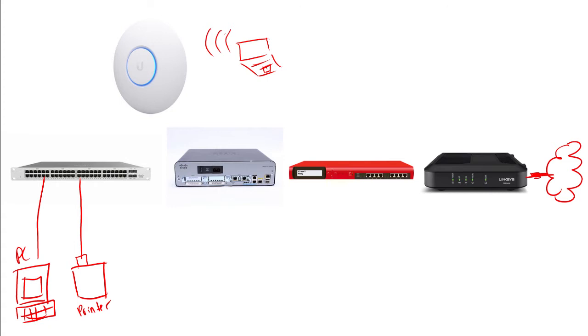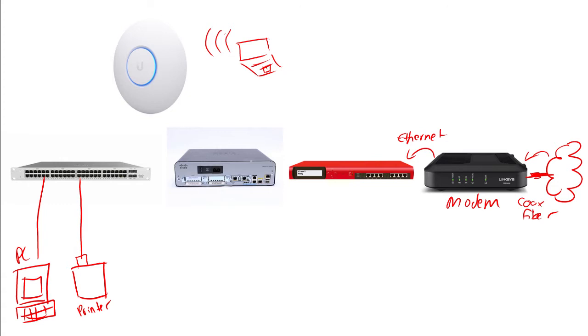So internet comes into your office. Again, it could be a coax, it could be a fiber. And the first thing that happens is it hits the modem. What the modem does is it converts the signal that might be an analog signal, might be a fiber optic signal, into call it Ethernet signal. So the modem's job is to convert the signal.